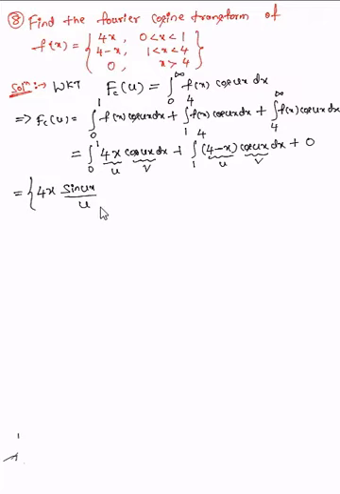Then minus. So differentiate this term, integrate this term, and the second one will come. Differentiation of 4x is 4 into 1, so it is 4 into integration of sine. Integration of sine is minus cos, so it is minus cos ux by u square, because cos ux by u will come, u into this u gives u square.